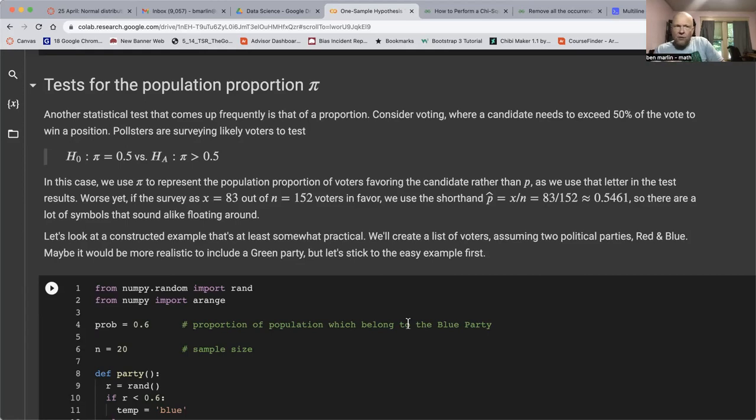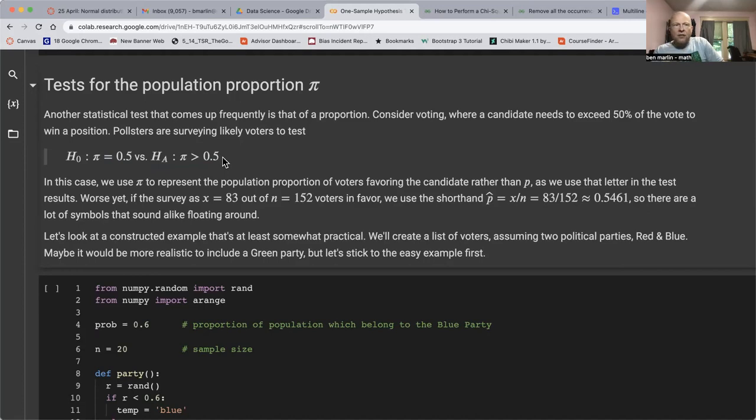In any case, that makes it make sense for us to talk about our hypothesis being something about having 50% of the population be one party, or having more than 50%.